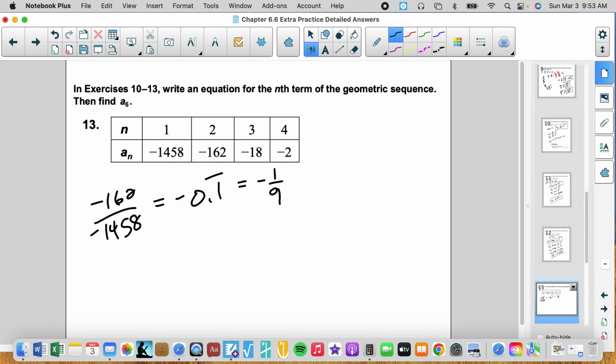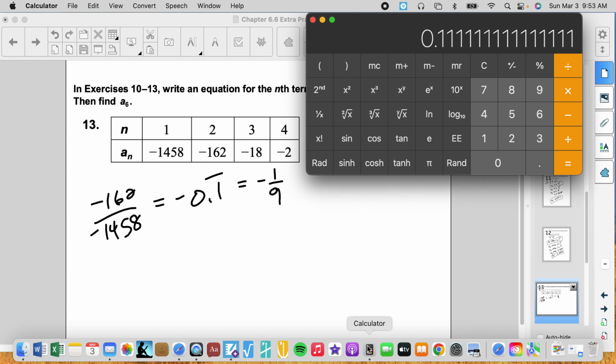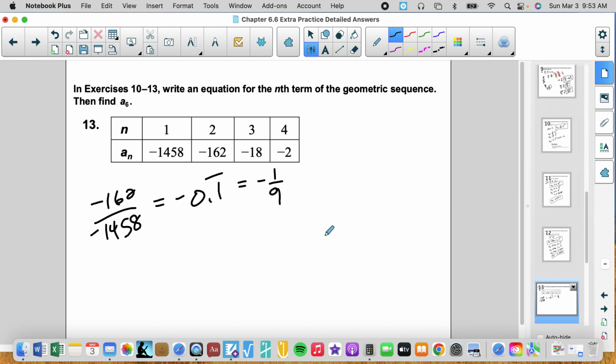Did everybody know that? Look at this, 1 divided by 9 gives us that. They taught you that in 7th grade, by the way. And that was converting rational numbers, repeating, into fractions.